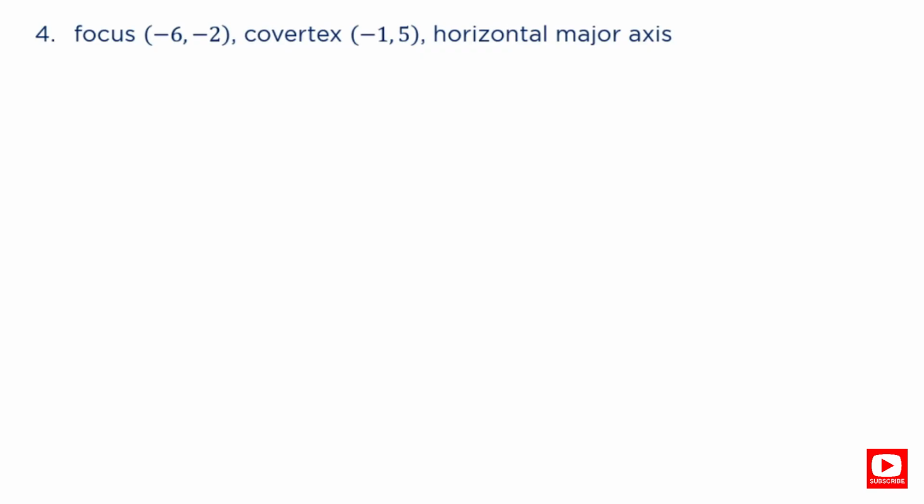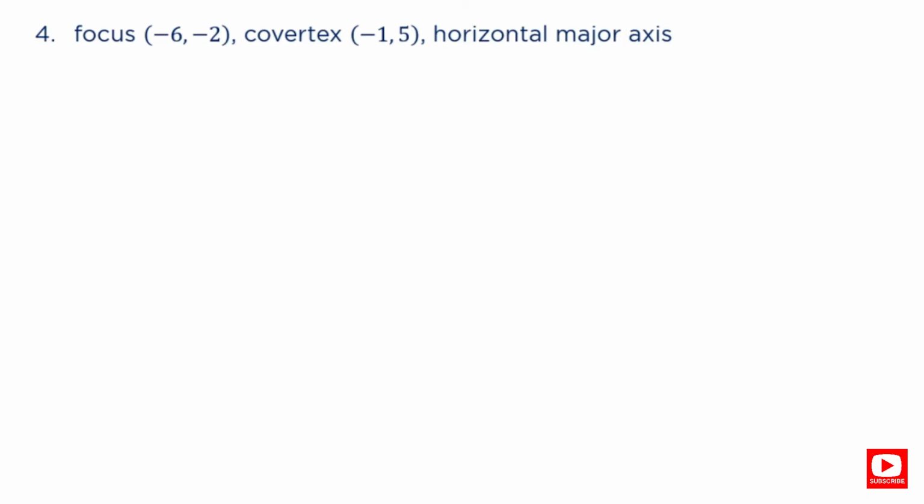For the last problem, we have here one focus, -6, -2, one co-vertex, -1, 5, and a horizontal major axis. Now, since the major axis is horizontal, we can easily identify right away the orientation of our ellipse, and that is also horizontal.